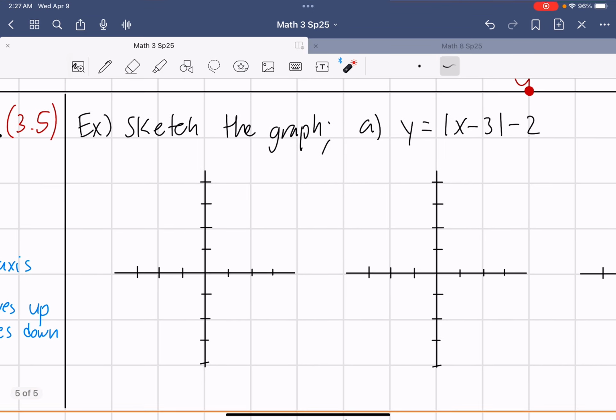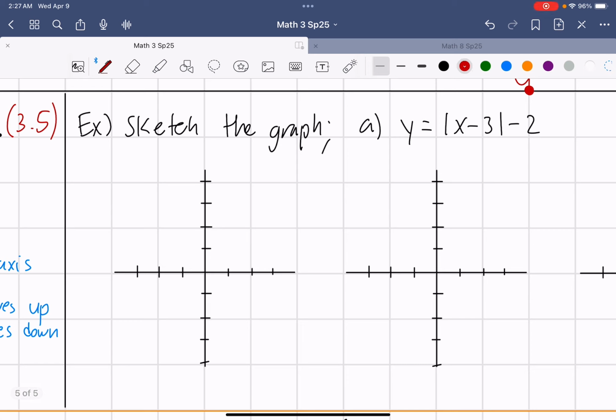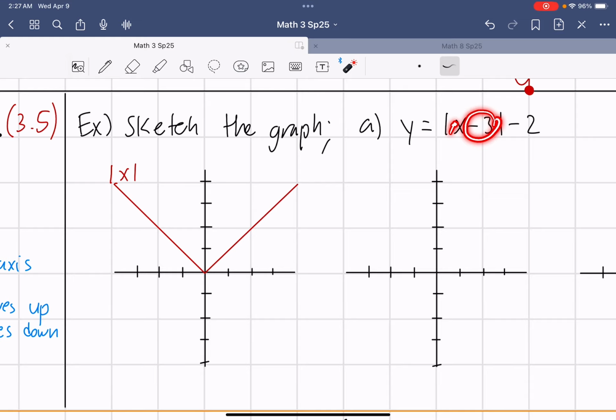So here, you always want to start with your parent function. So you start with your parent function. Then we have to look if anything's multiplying to the x inside, and there isn't. There's only this negative 3.